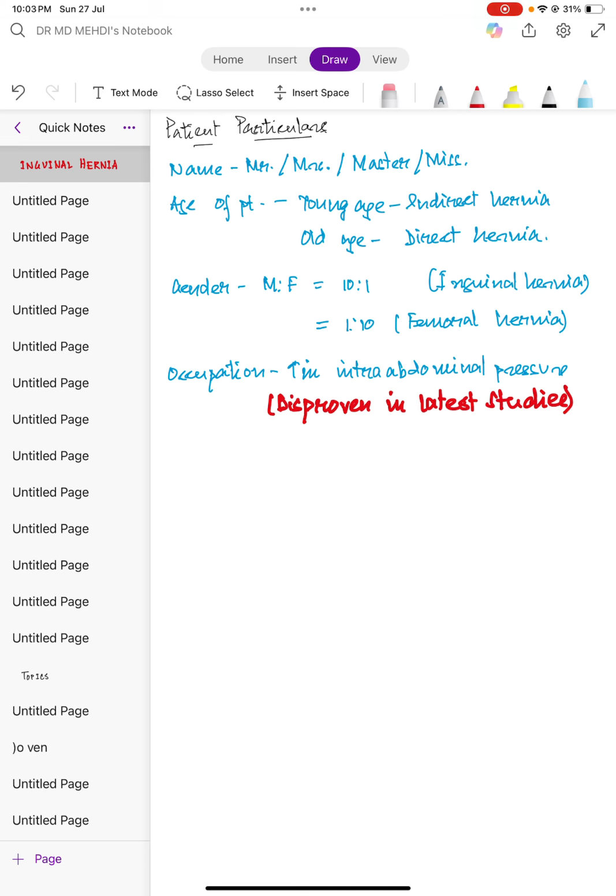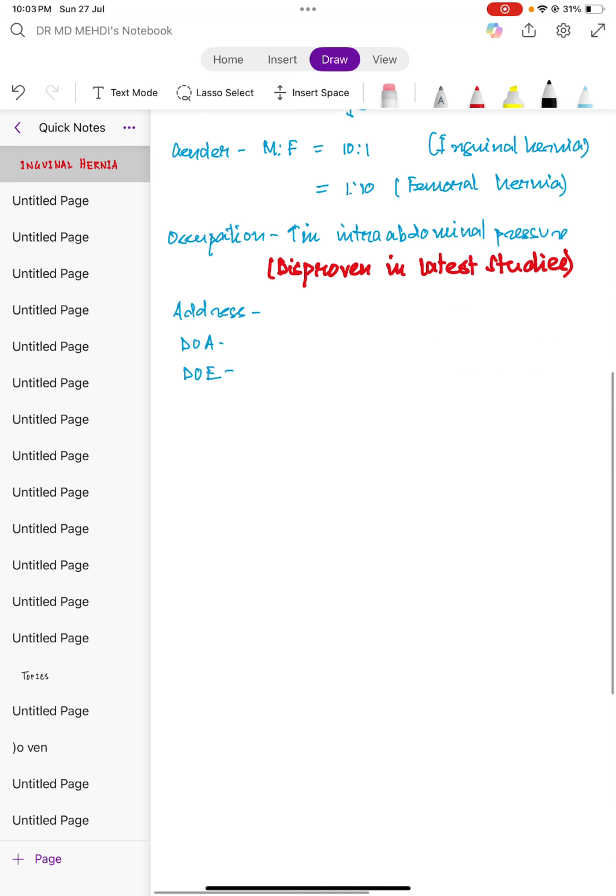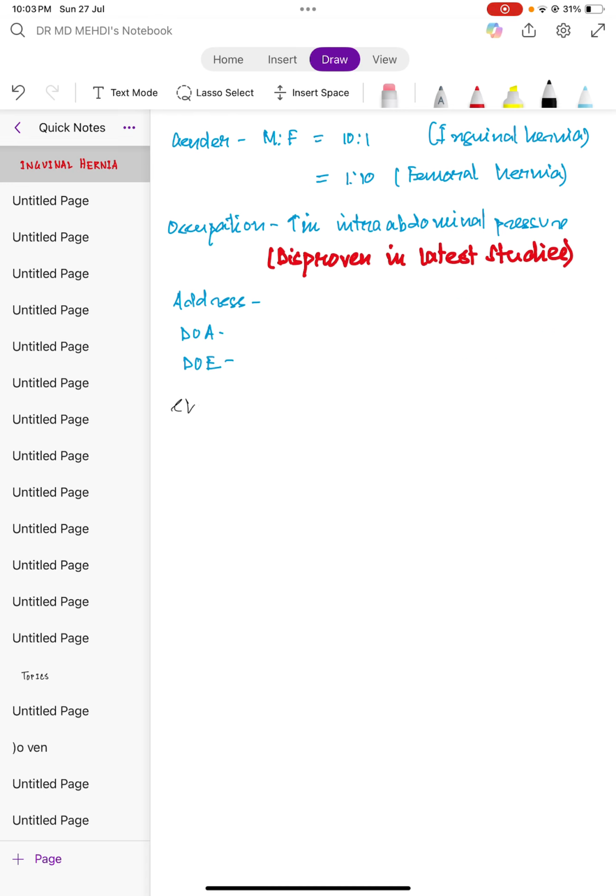Okay. Now, what will be the chief complaint? After that, we proceed with the address, the date of admission, and the date of examination. After that we proceed with the chief complaints.